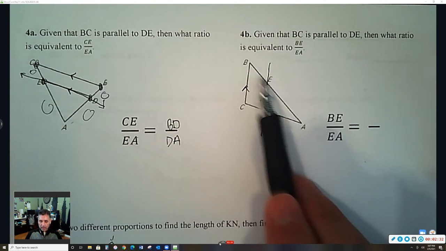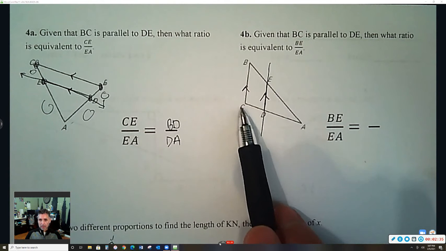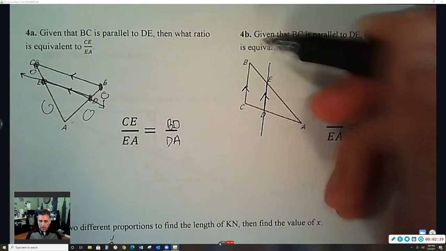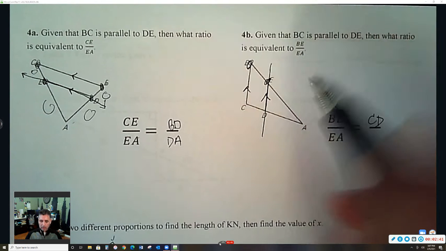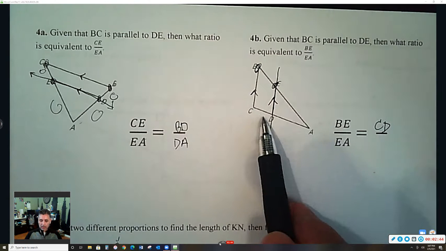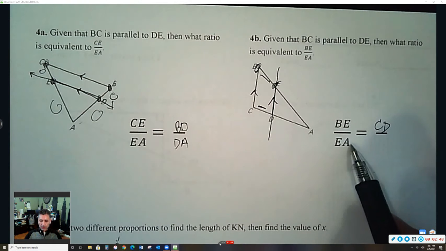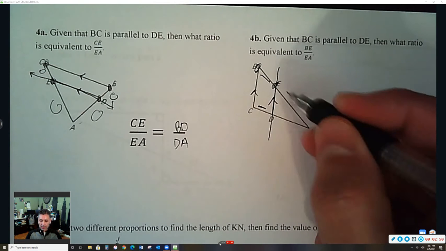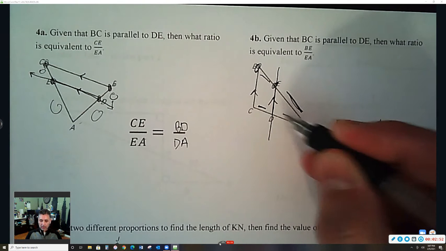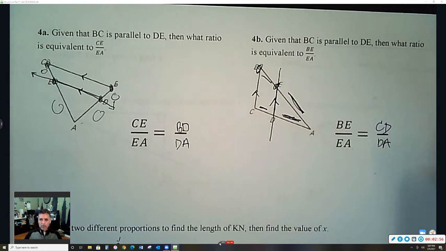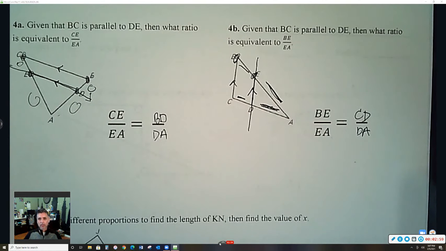BE on top matches up with CD. This segment matches up with this segment. And then the other one is EA, which matches up with this segment, DA. A little bit different than the other one, but still the same idea.